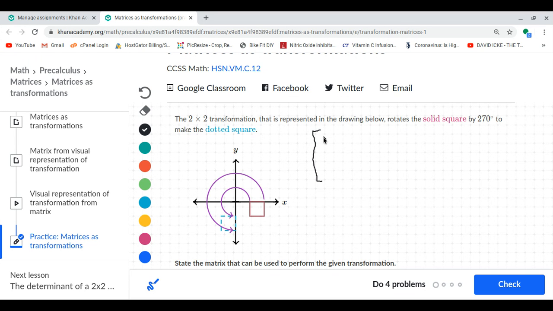That's going to be the cosine of the angle, so in this case, 270 degrees. Over here we have the negative sine of the angle. Here we just have the sine of the angle.